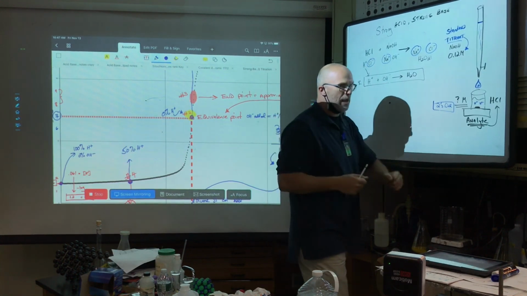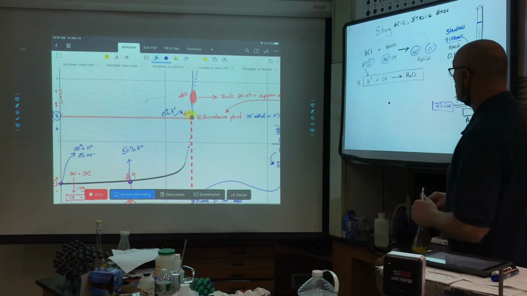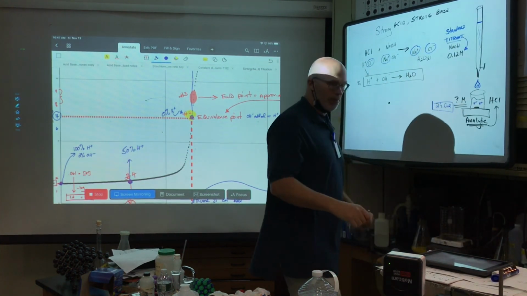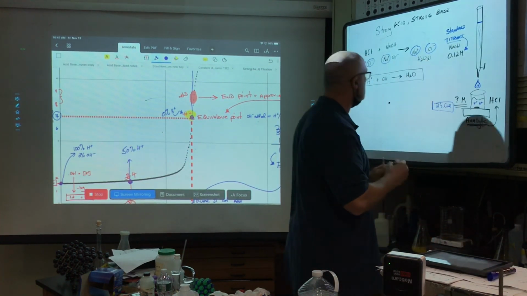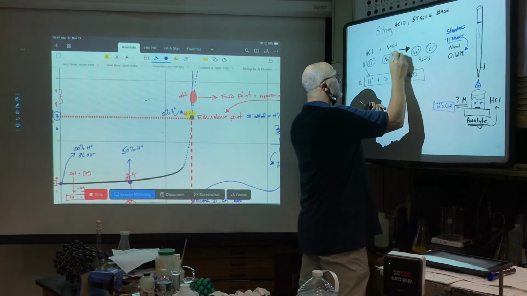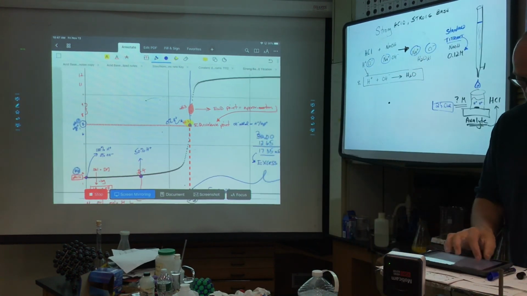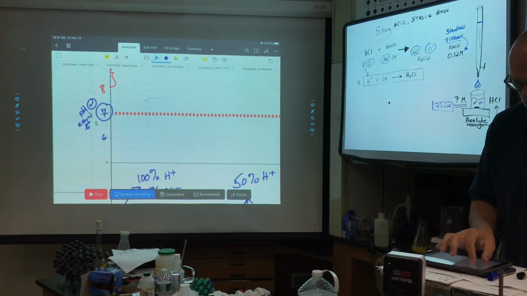We drove this reaction. And again, I can't say enough how this is a driven reaction. Look at this arrow up here. This arrow is showing me that this is a driven reaction. Okay, this is no equilibrium, okay?